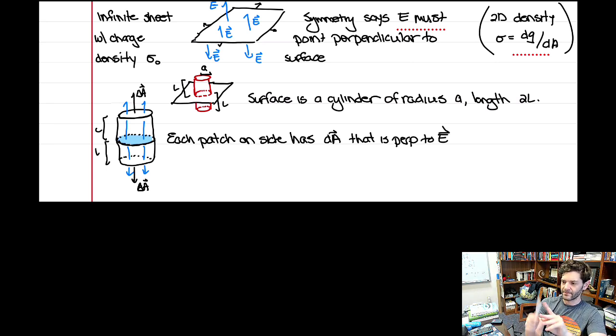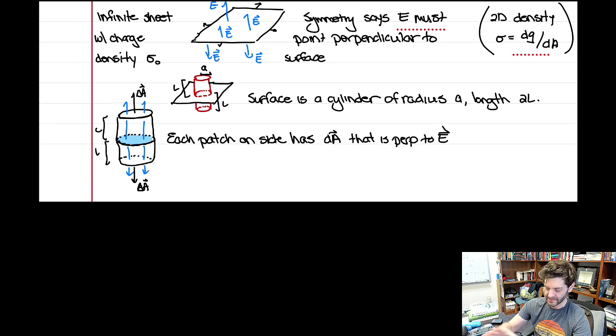Right, one patch, this is the electric field. One patch has a dA that goes this way. Over here, the patch has a dA that goes this way. Maybe over here, a patch has a dA that goes this way. Here it goes this way. So no matter where you are on the side, all those vectors that correspond to the little patch orientations, none of them are going up, and none of them are going down.